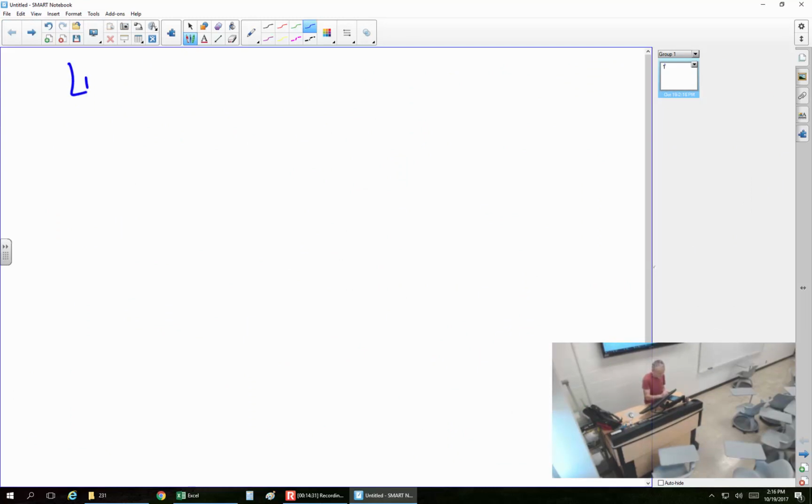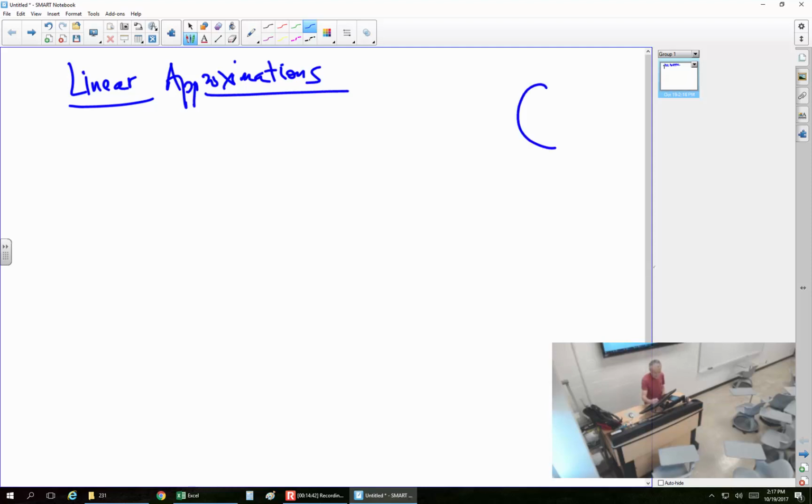Okay, so linear approximations again. By the way, what is a linear approximation of a parametric curve? Just the vector whose components... well, not a vector.